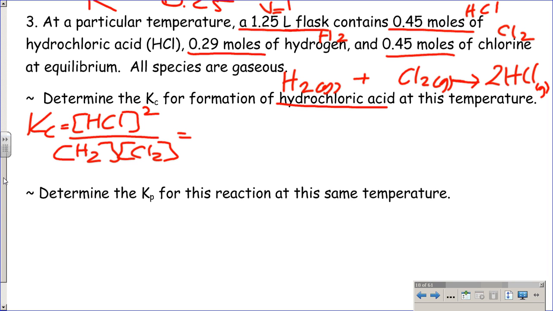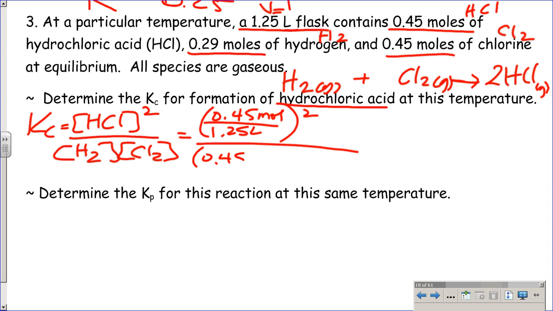So hydrochloric acid, 0.45 moles over 1.25 liters squared over... I'm sorry, I've got hydrogen listed first. I'm going to do hydrogen first. 0.29 moles over 1.25 liters to the first, and then 0.45 moles over 1.25 liters.